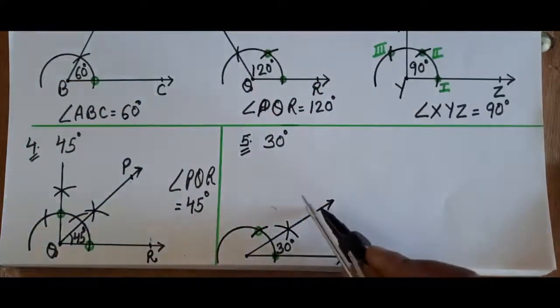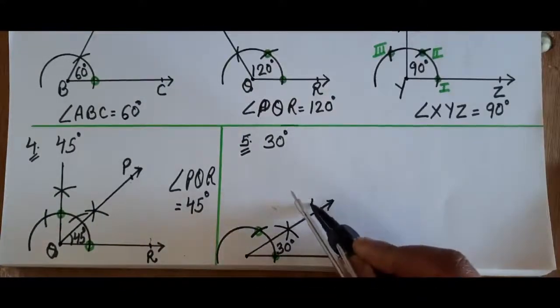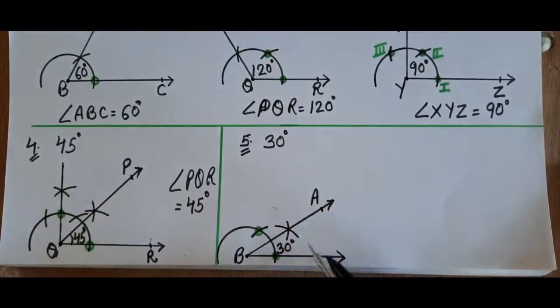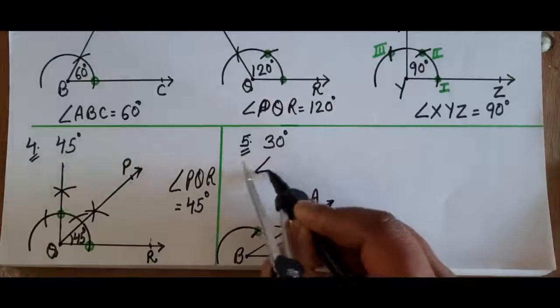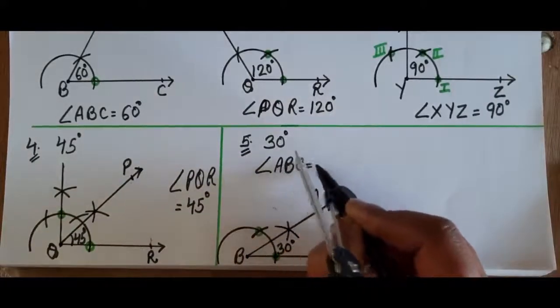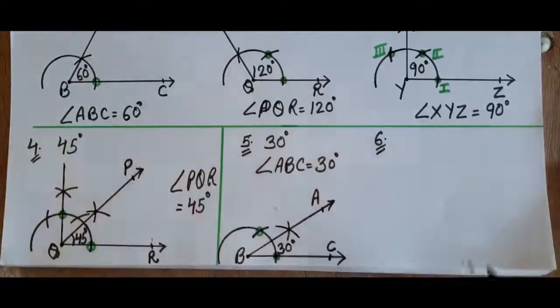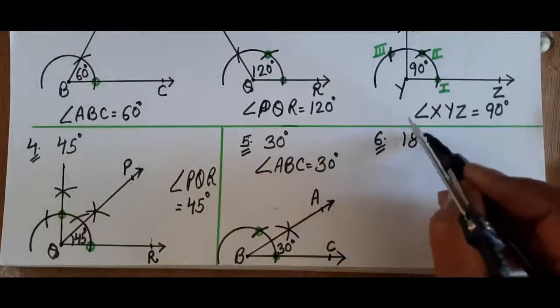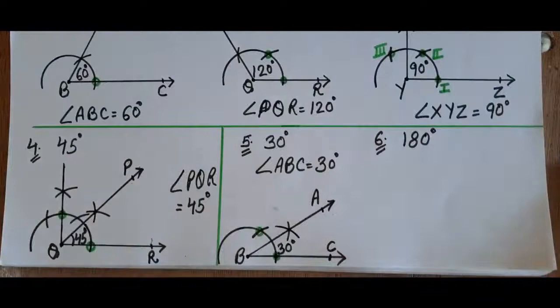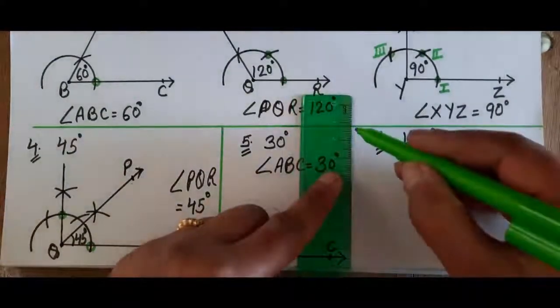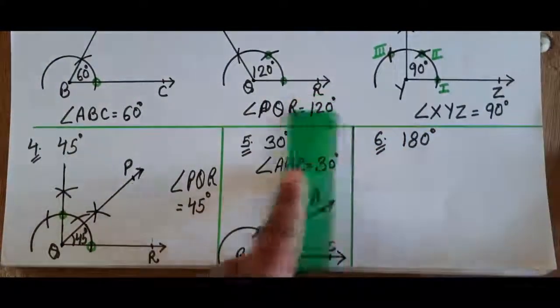You can name it, say, angle ABC. This is 30 degrees. Now at last we will construct an angle of 180 degrees.